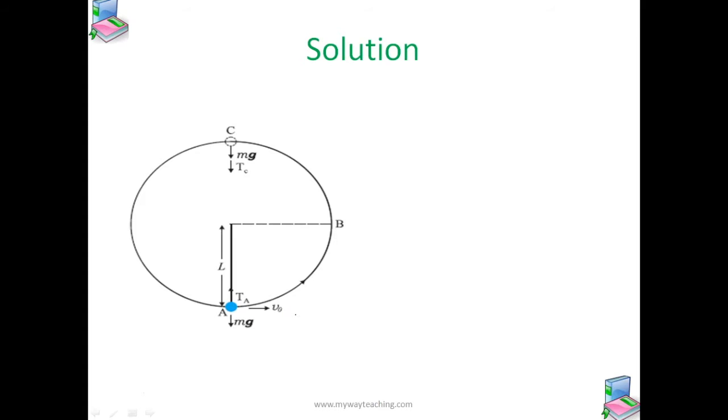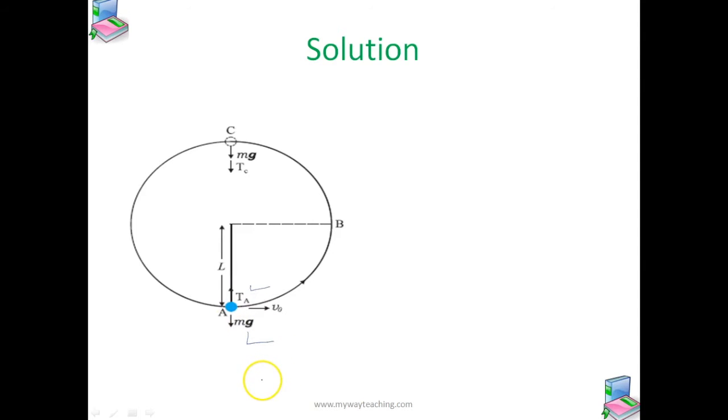So, coming to the solution part, there are two external forces on the bob. One is the gravity and the other one is the tension in the string, isn't it? Yes, it is suspended using the string only. So here they have mentioned T A and here mg. So these two are the forces which are acting on this bob.